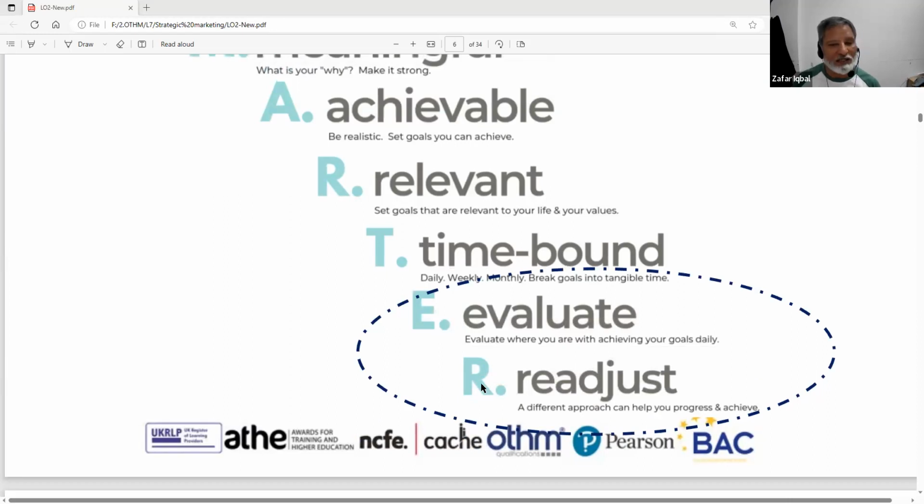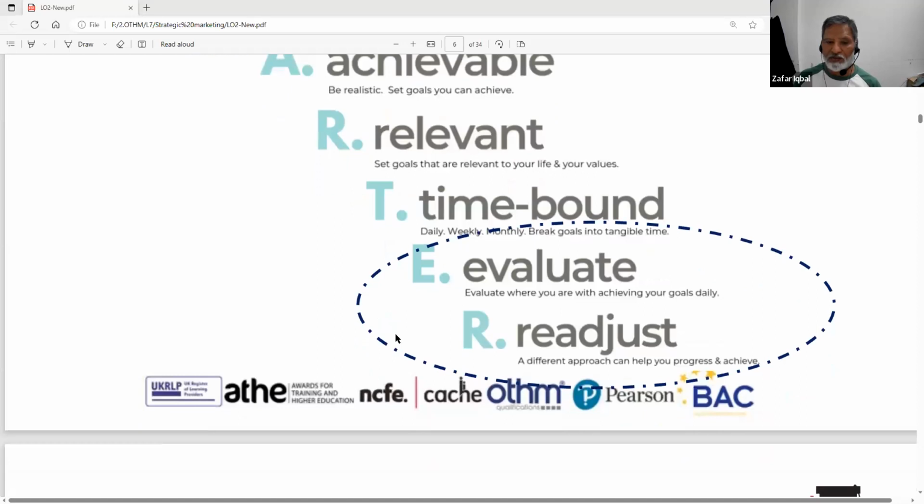Then you need to revise them, be able to evaluate them, readjust them, and then if you're underperforming or overperforming, then you can set targets accordingly. Okay, because next time you review them, next time you adjust them, next time you progress and evaluate yourself again.